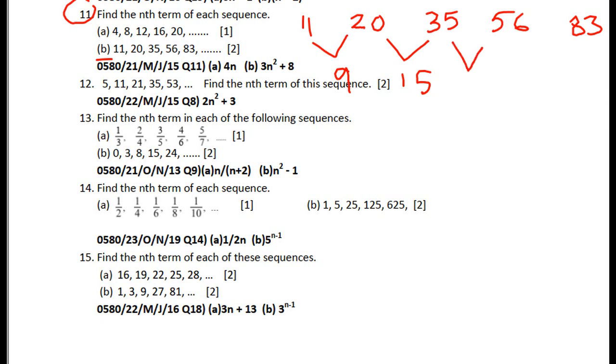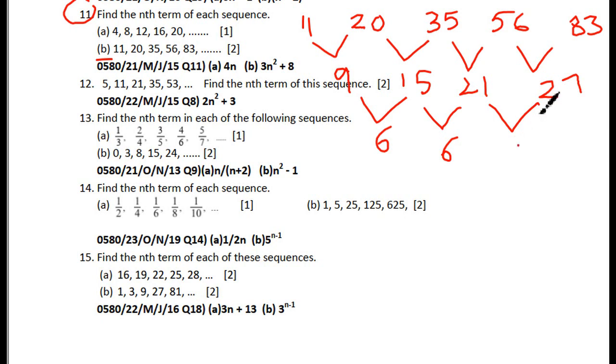Then it's 56 minus 35, 21, and then it is 27. So this is second level common difference, because the second level common difference is 6. So this is a quadratic sequence.